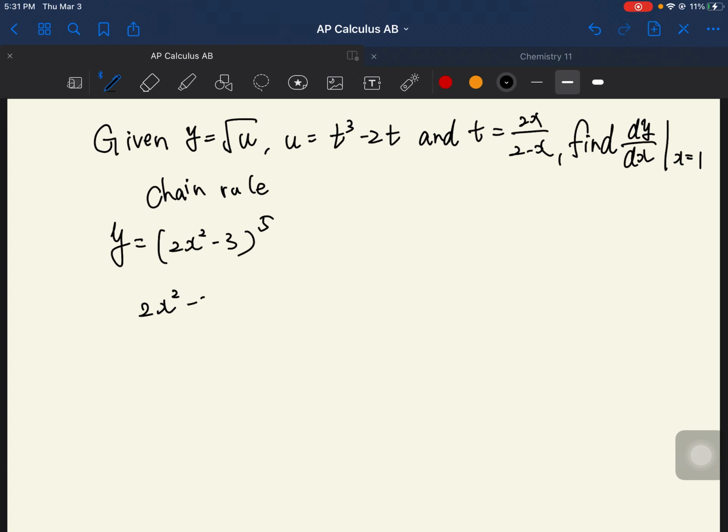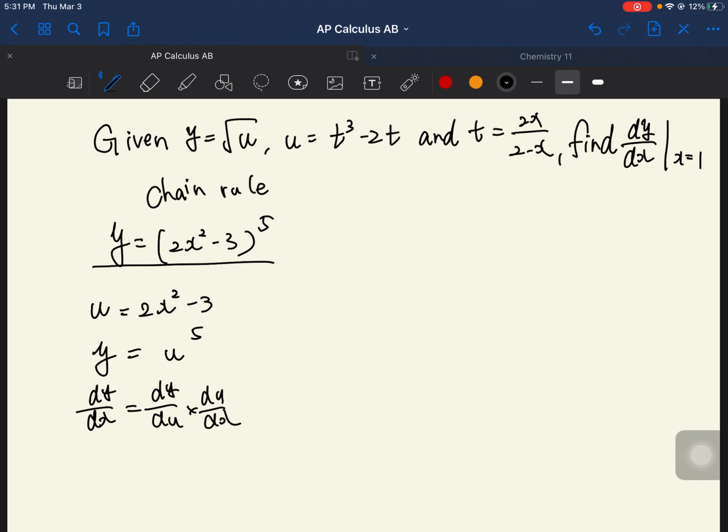It looks a little bit complicated, but if you substitute 2x squared minus 3 as u, you can make this function simpler, y equals u to the power of 5. Then again, you want to find the derivative of this one. This means dy/dx. You want to find this one.